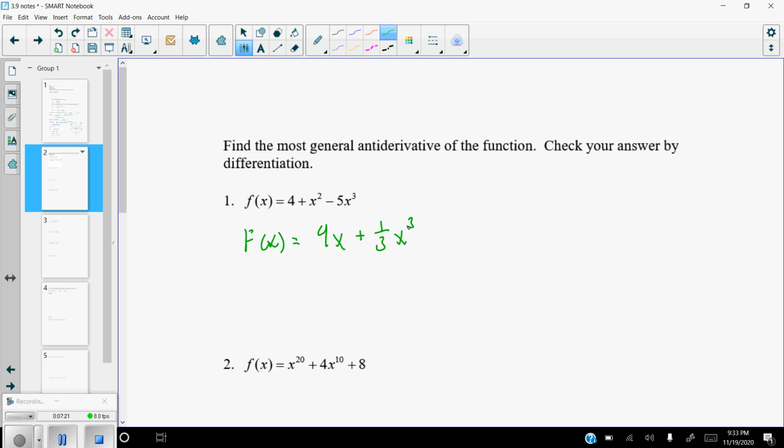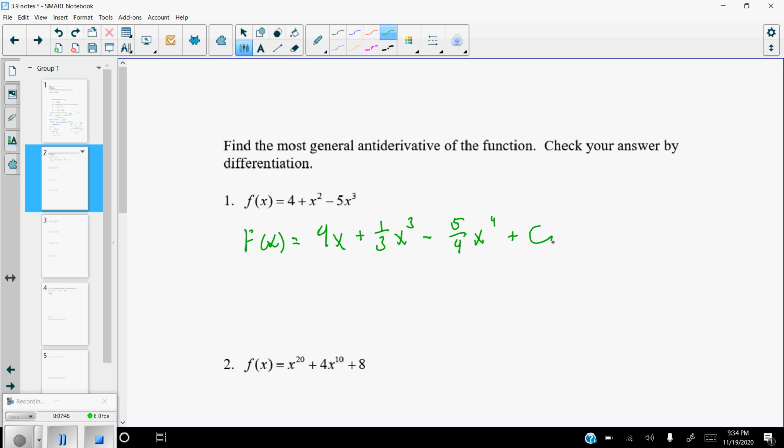Now it's going to get a little tougher. The antiderivative of 5x cubed is going to be 5/4 x to the 4th. And then don't forget, because it's a general antiderivative, we always have to include a constant, plus c.